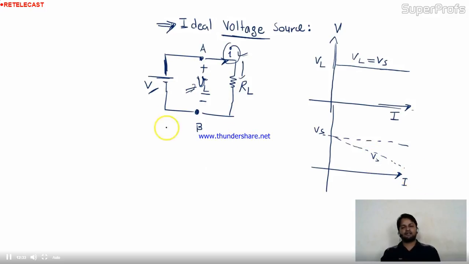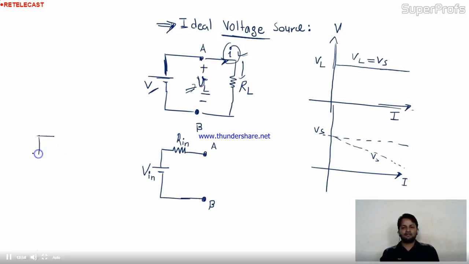Because in practical, for any voltage source, we are having internal resistance also. This is the practical voltage source actually. Two terminals. But this source also has an internal resistance. This is the practical voltage source.